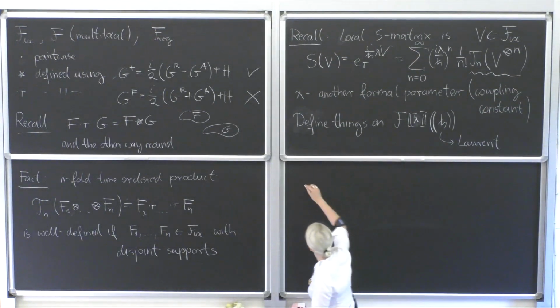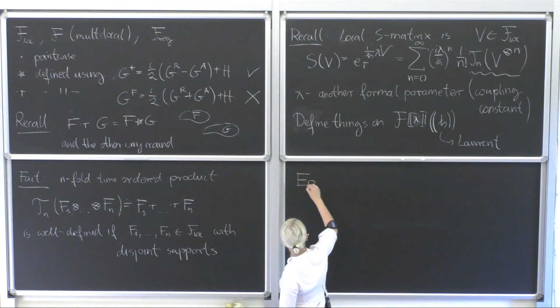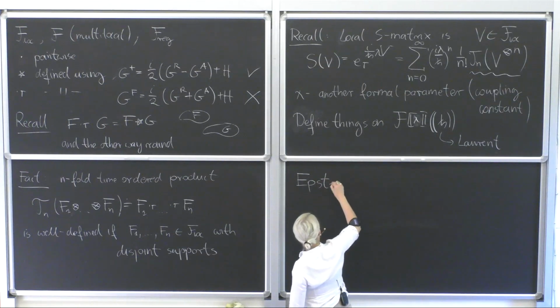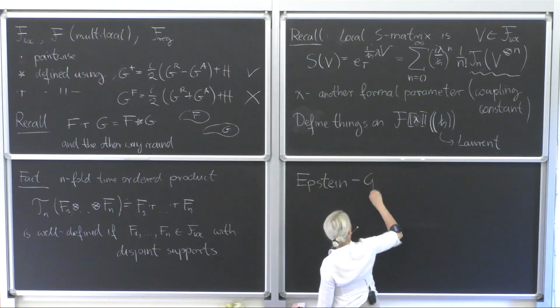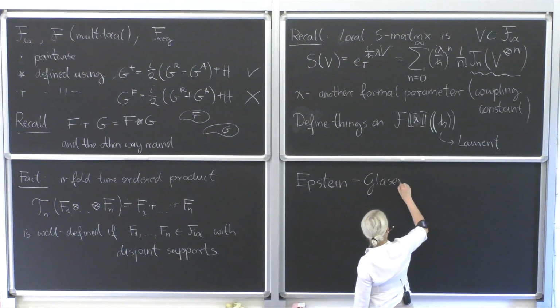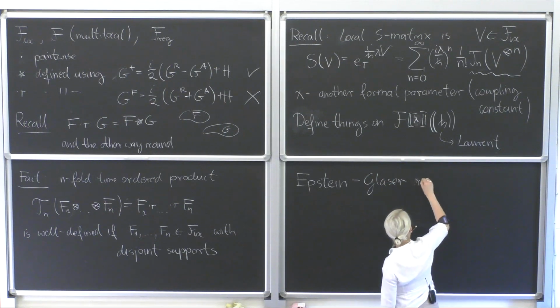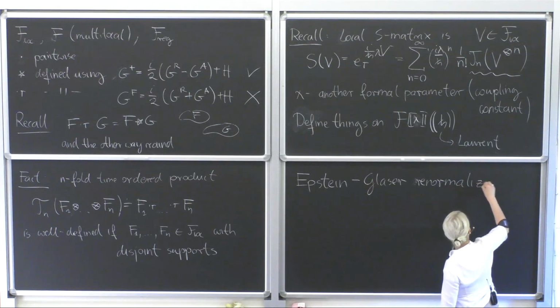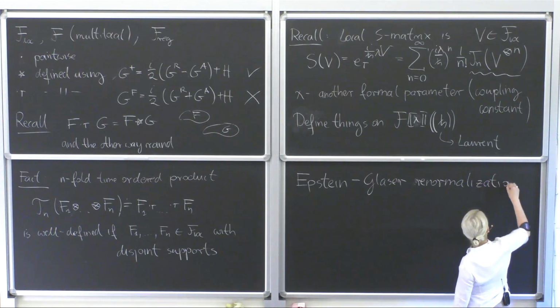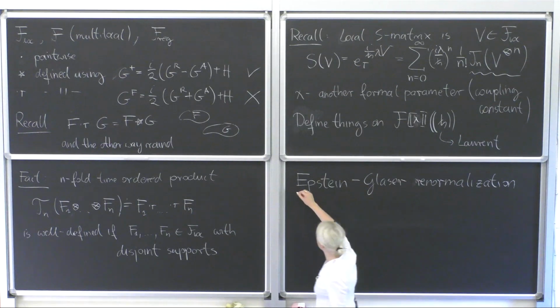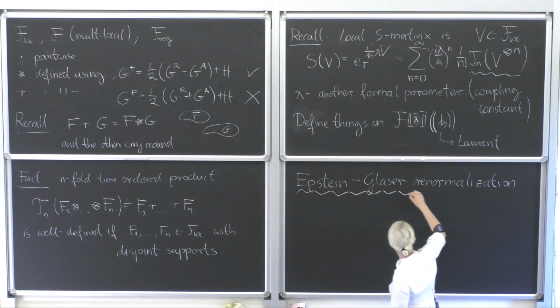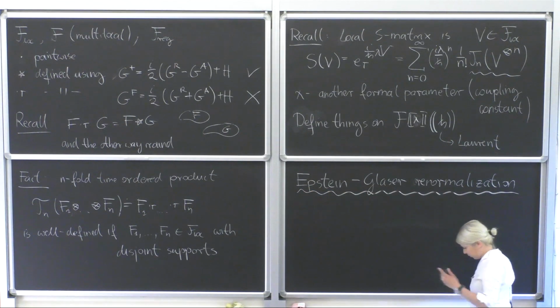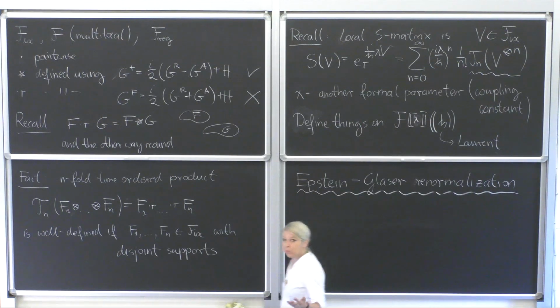So this is a bit of technology called Epstein-Glaser renormalization. It was slightly underappreciated in theoretical physics because, when you see it for the first time, you wonder, why do you bother?